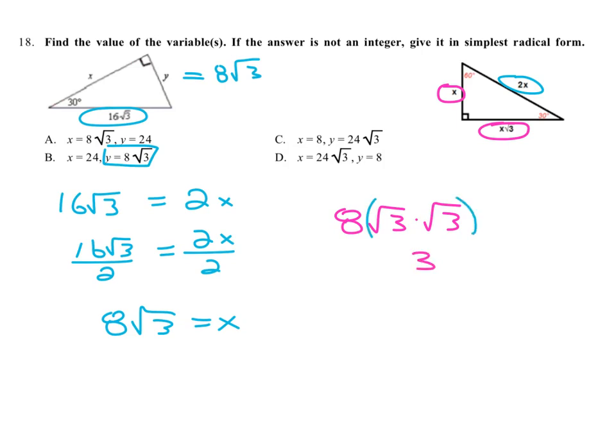They multiply together to be 3, and that's times 8. So 8 times 3, 24. That's what the long leg has to be, 24. And you can see that that corresponds also with answer B. And so we've got B is our answer.